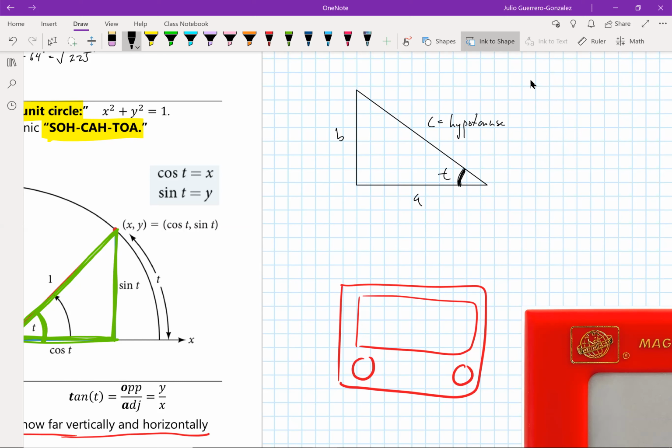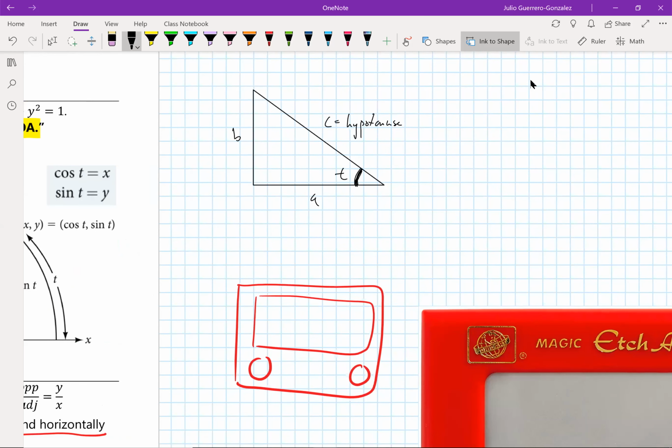So in this case, sine of an angle T, right? Sine is opposite over hypotenuse, so that's going to be my B divided by C, right?